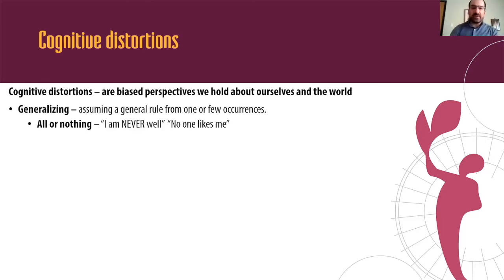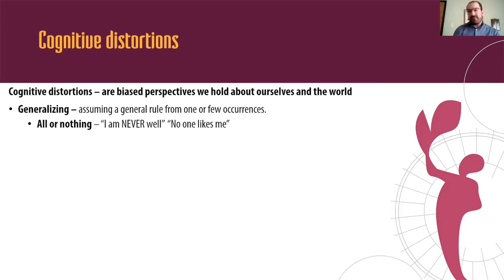So the first cognitive distortion that I want to mention is generalization, when we generalize. And what I mean by that is that we're assuming a general rule from either one or very few occurrences. For example, when we use words like never or ever or all the time, no one, everyone, when we use absolutes to describe something, it usually is indicative of a generalization.